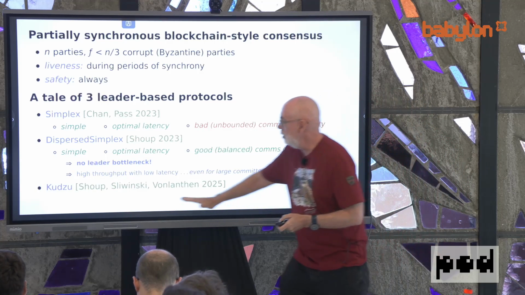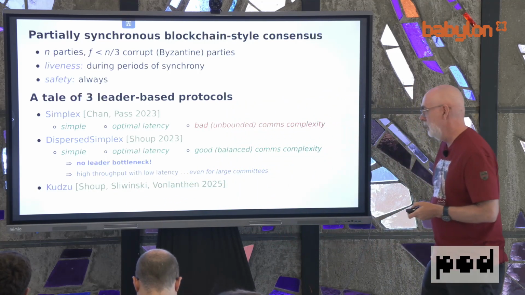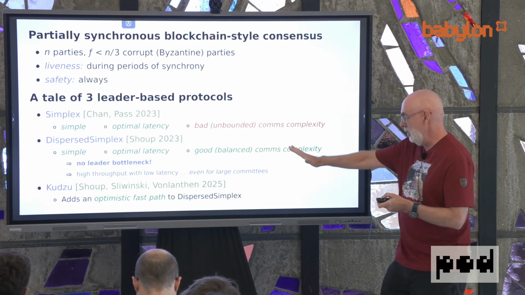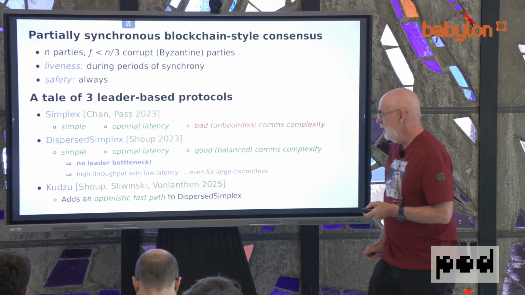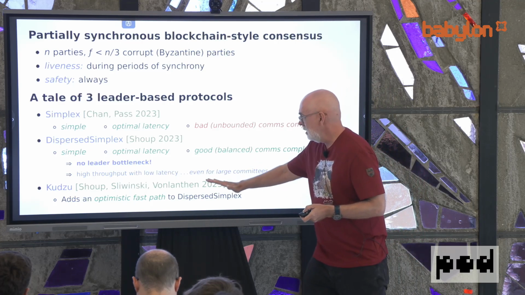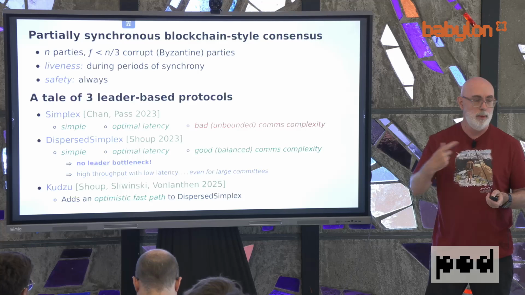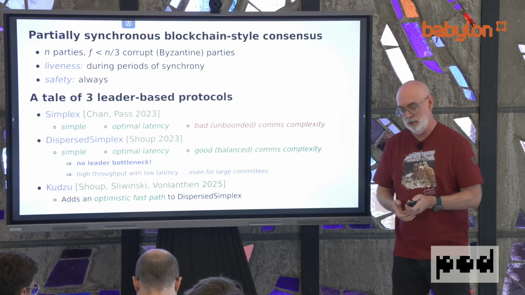And then Kudzu is recent work which I did with these guys, and that's the end point of today's discussion. So basically, this has all of the nice properties here, plus there's an optimistic fast path which gives you even better latency under optimistic conditions.